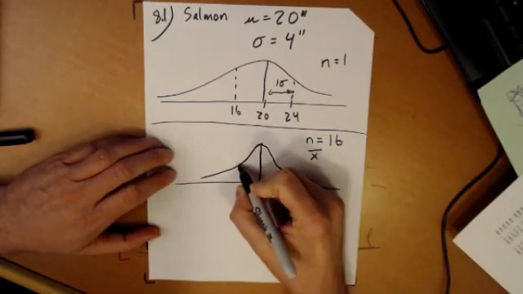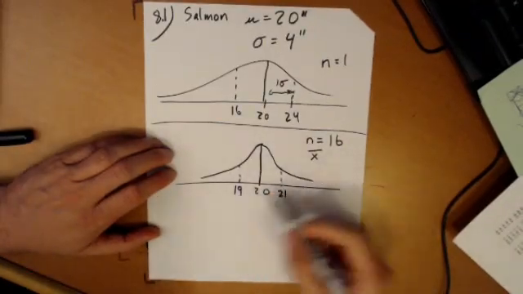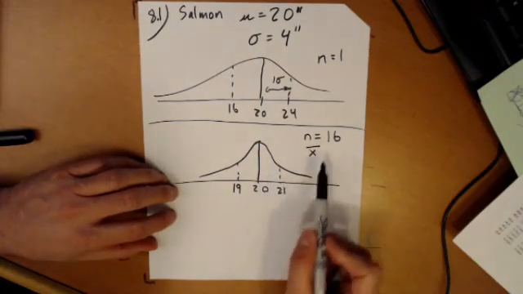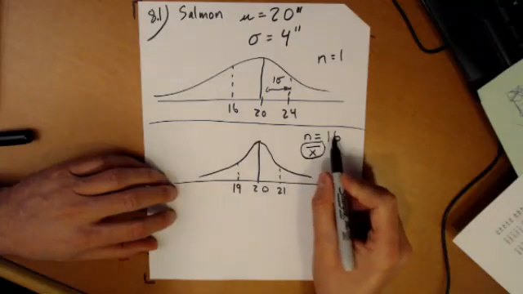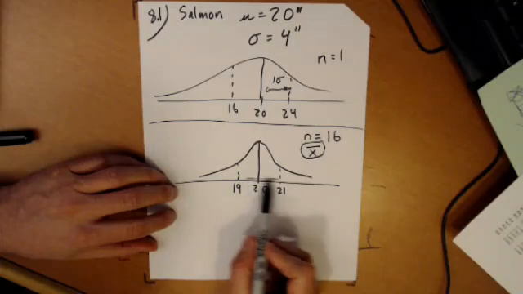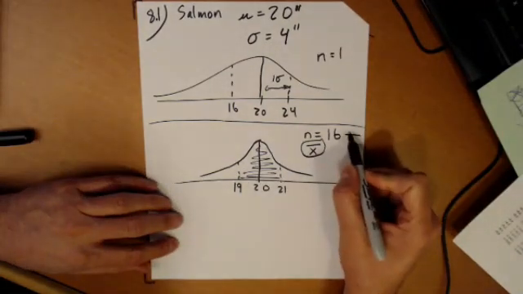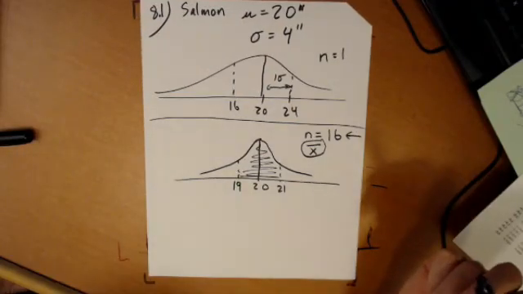So much so that these numbers are technically correct, but just go along with it for now, that most of the X bars, if we were to look at a sample of 16 salmon, would be really, really close to 20, probably most of the time between 19 and 21. That's when I'm looking at 16 salmon at a time. Okay, so that's the main idea.